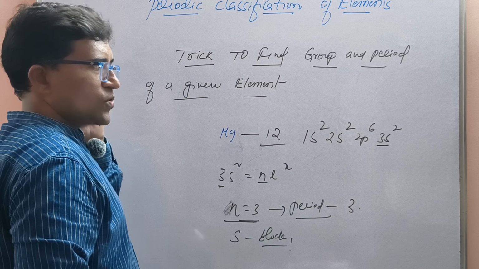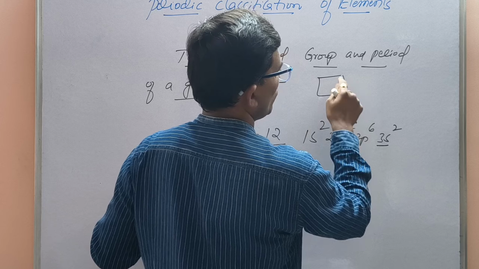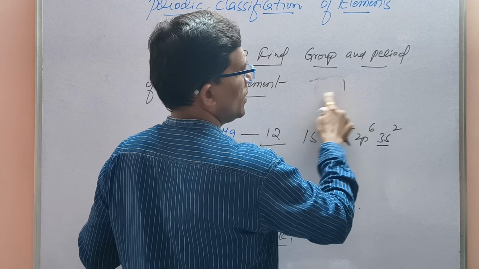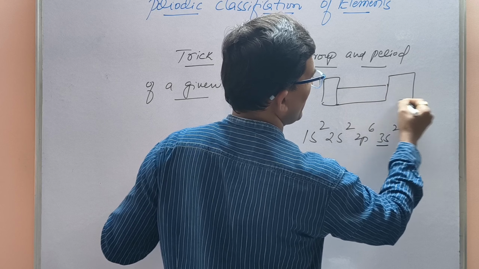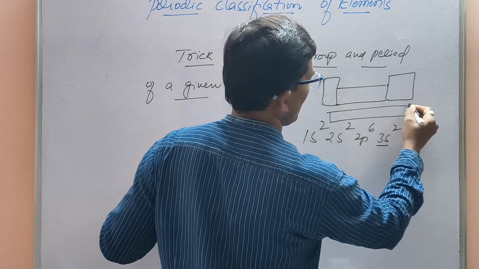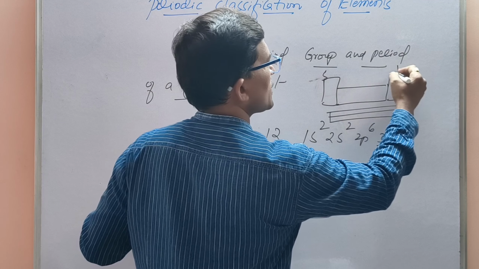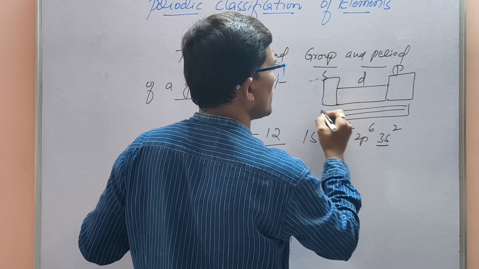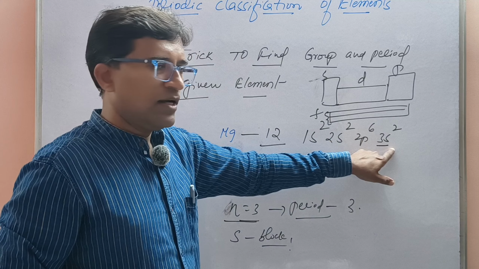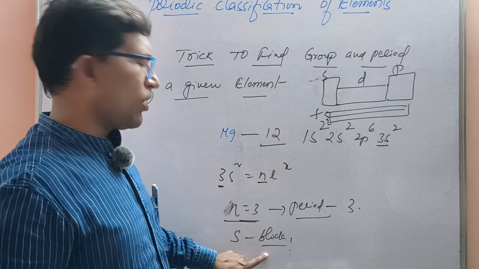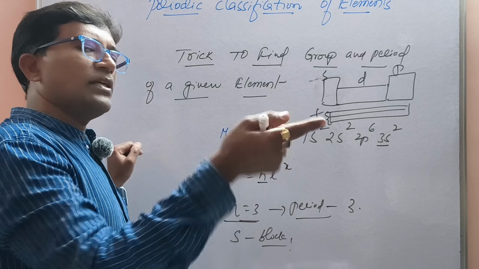In the periodic table, we have a total of 4 blocks: here is the s block, here is the d block, here is the p block, and here are the f block. If the electrons are in the s orbital, the element comes under the s block.